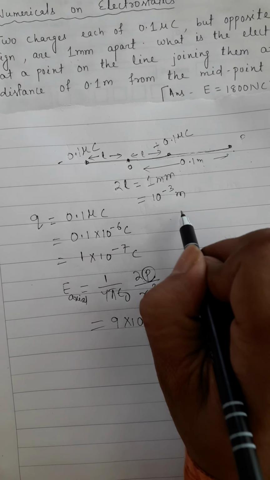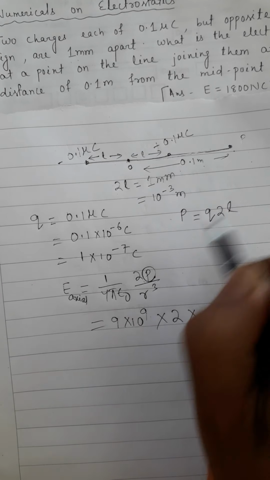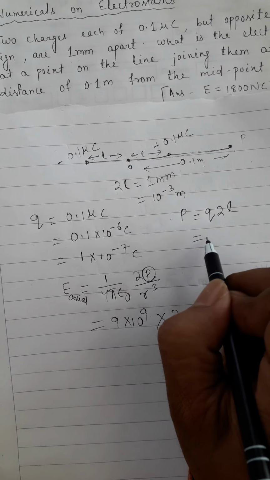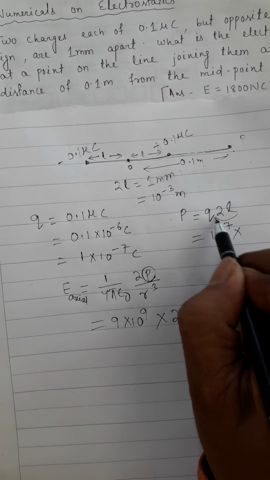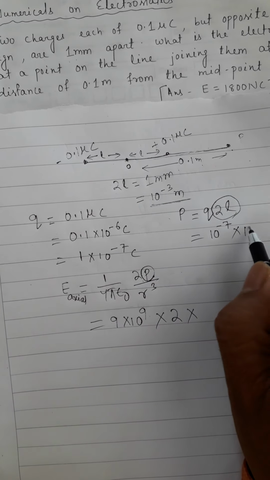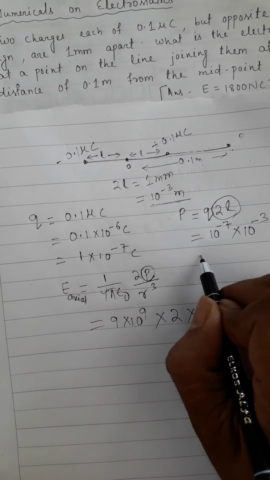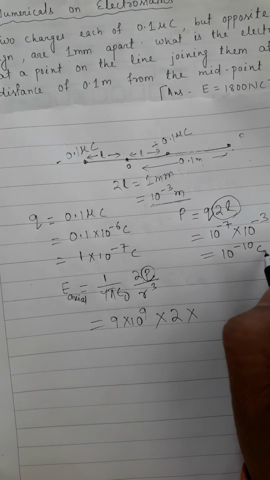We know the dipole moment p is equal to q into 2L, or q is given, that is 10 to the power minus 7, into 2L, the distance between the charges, that is 10 to the power minus 3. So it will be 10 to the power minus 10 coulomb meter.